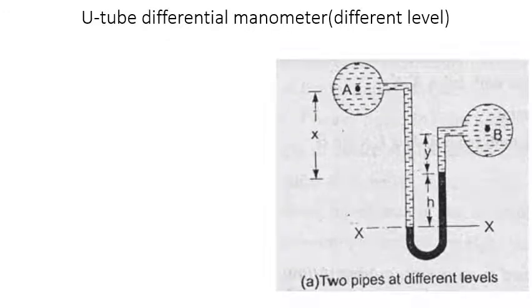Now there are two pipes, pipe A and pipe B, placed at different levels, and liquid is flowing through both pipes. If I want to measure the pressure difference between pipe A and pipe B, a U-tube differential manometer is connected between these two pipes.